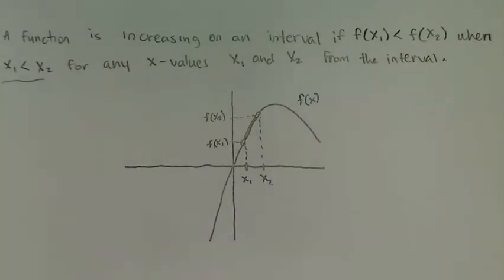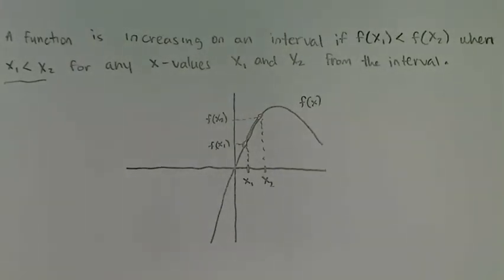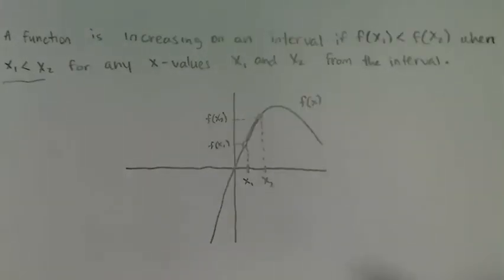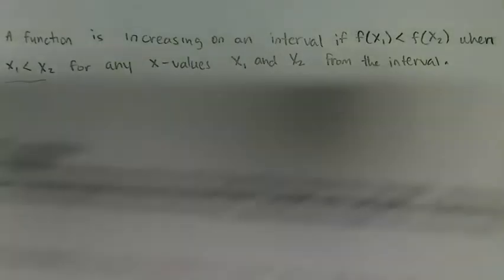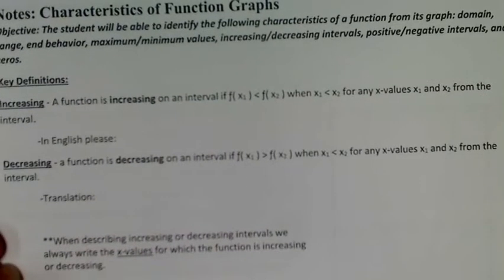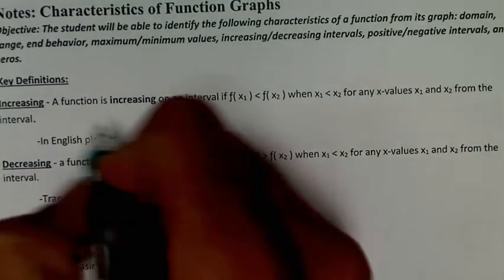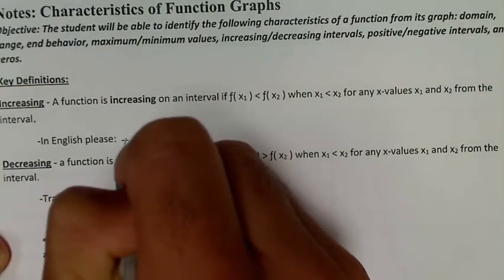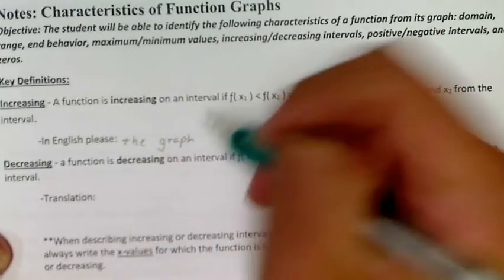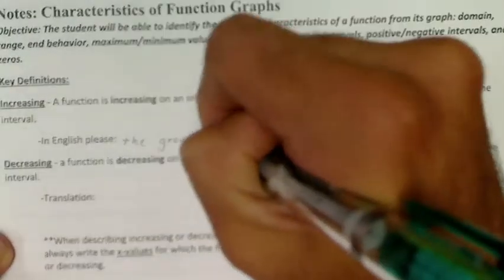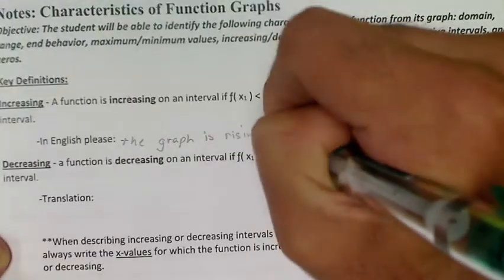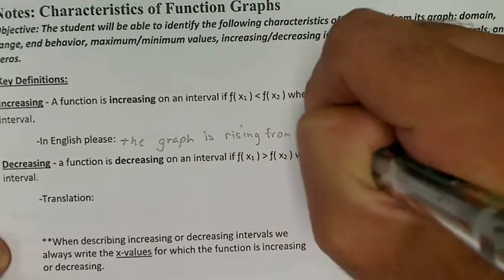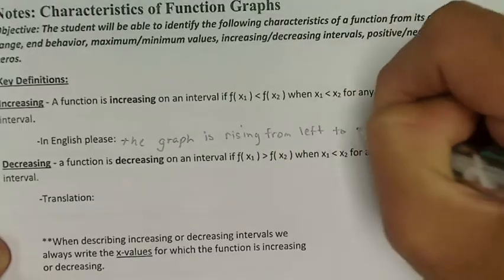And I would say, yes, you understood this definition now, because that is the plain definition, and that is what I'm going to write on the other piece of paper. The part that says in English, please, I'm going to say the graph is rising from left to right.